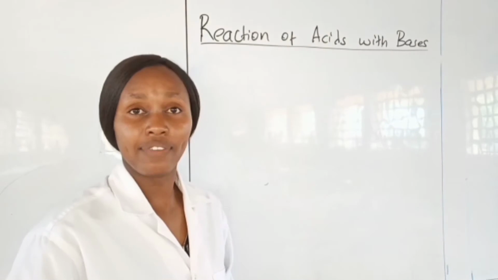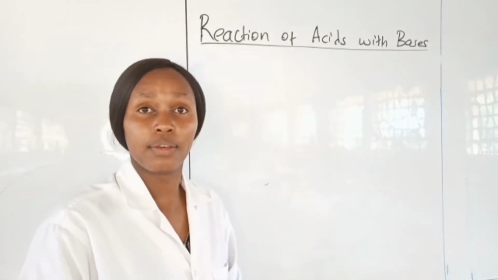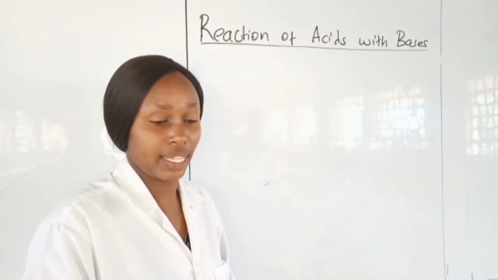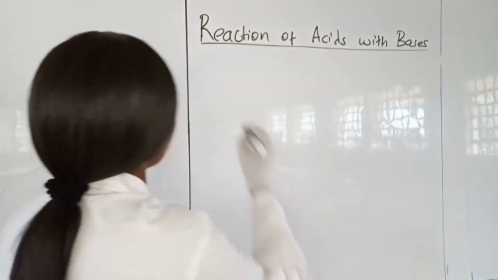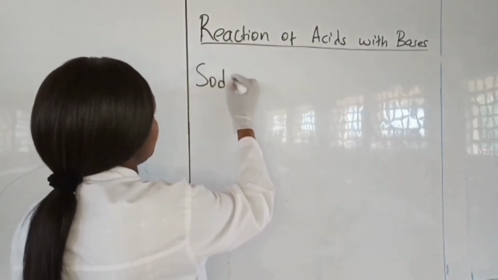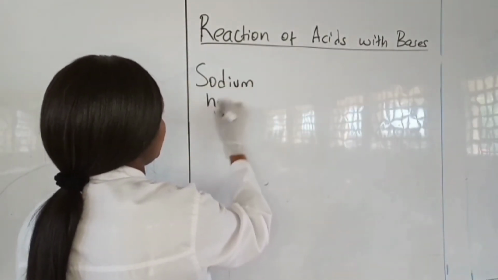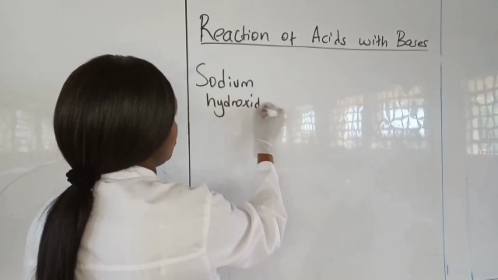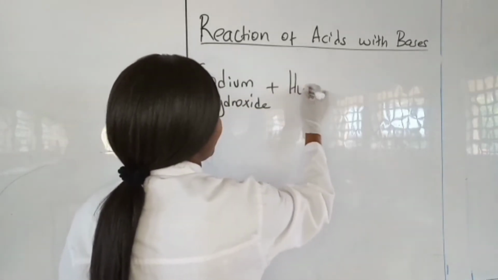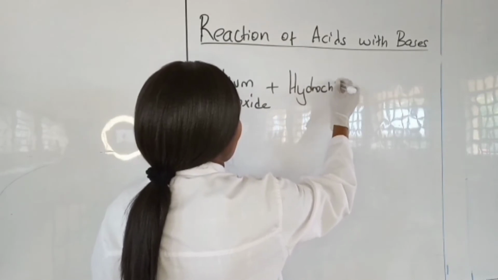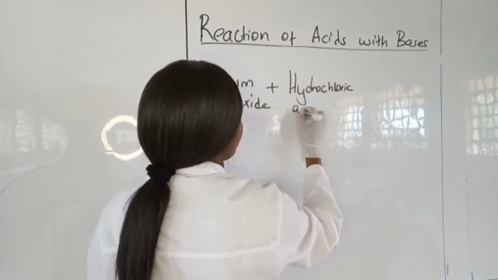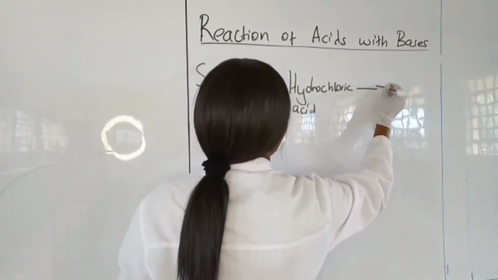We have done the practical part of it by reacting sodium hydroxide with the acid. So sodium hydroxide reacted with hydrochloric acid gives us products.